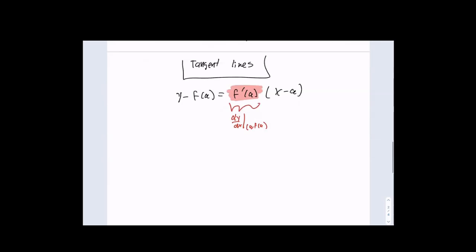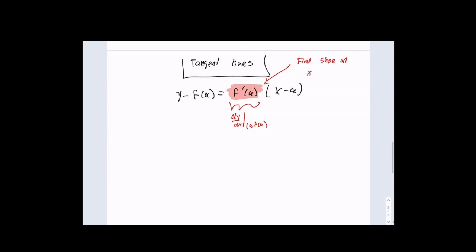But in terms of notation, this can still be considered a problem. It just means that you need to find the slope at x equals a, and y equals f of a, which also, once again, might require you to find f of a using the original implicit function.